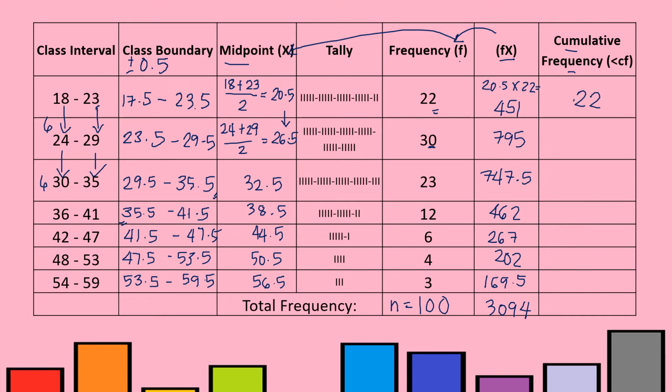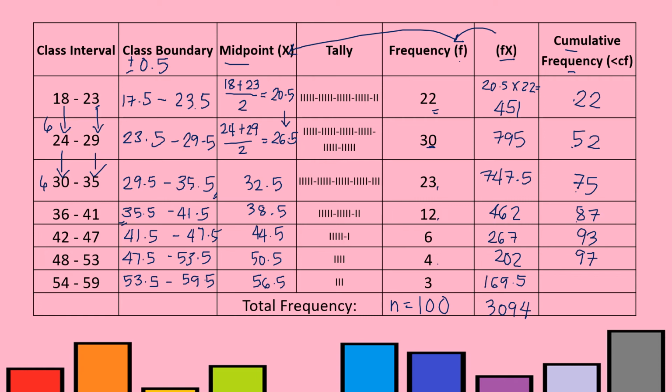So 22 plus 30 is 52. 52 plus 23 is 75. 75 plus 12 is 87. 87 plus 6 is 93. 93 plus 4 is 97.